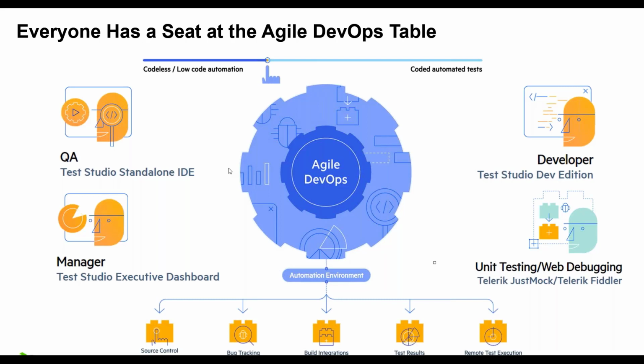Right, all of this, why do we say that it's the Agile DevOps table? Because actually all of this stays on top of source control, shared source control, which you can access with the help of Test Studio, whether it is TFS or Git.